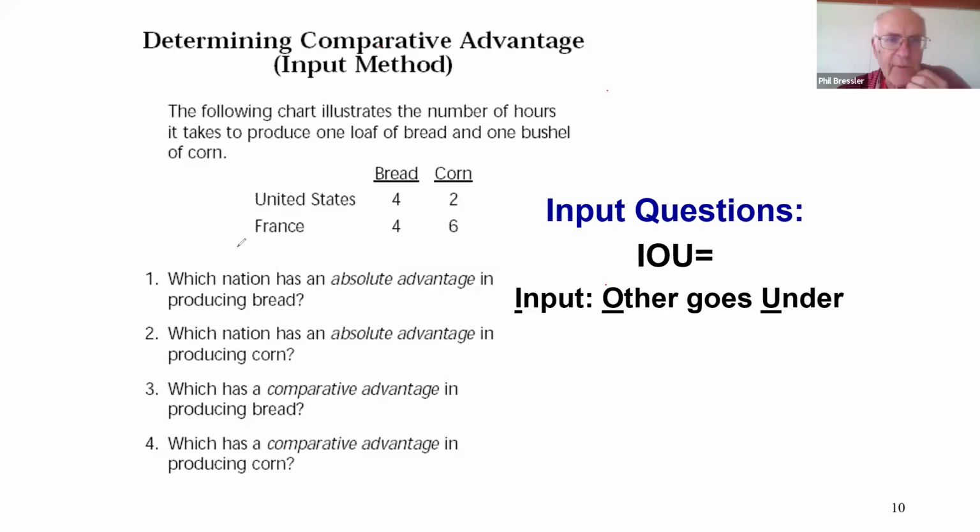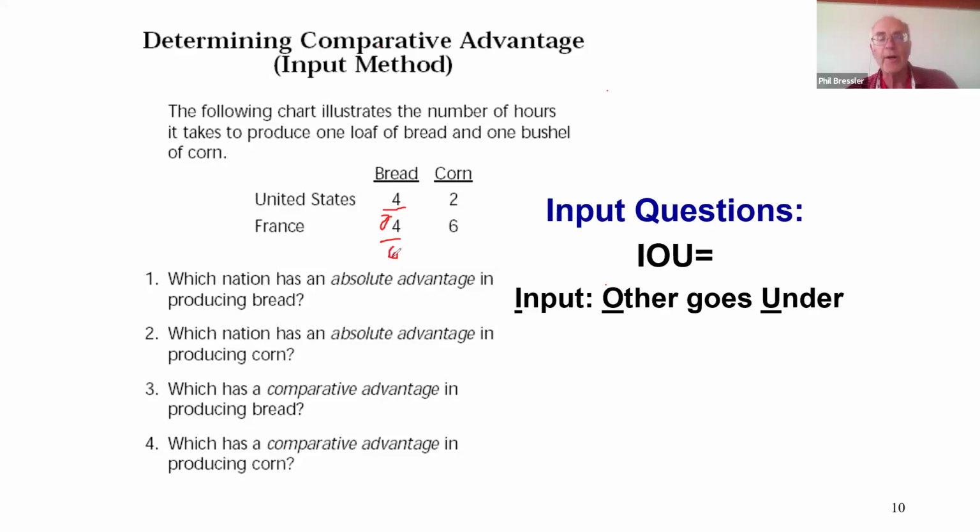Now the comparative advantage. Let's see who has the comparative advantage in bread. So I'm looking at bread. The other is corn. It's 2, so I'm going to put it under. That's 4 over 2. And then France, the other is corn. I'm going to put it under. That's 4 over 6.